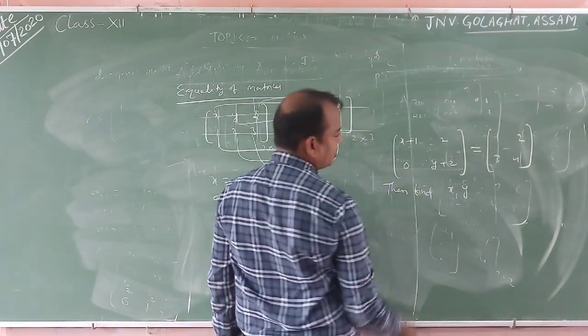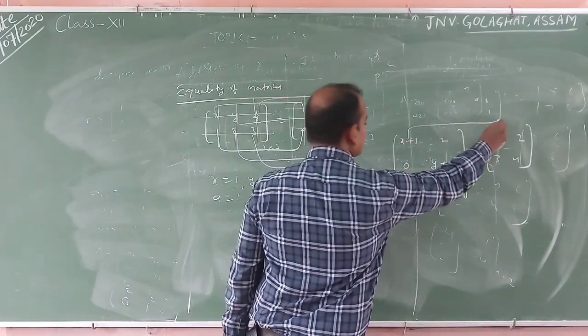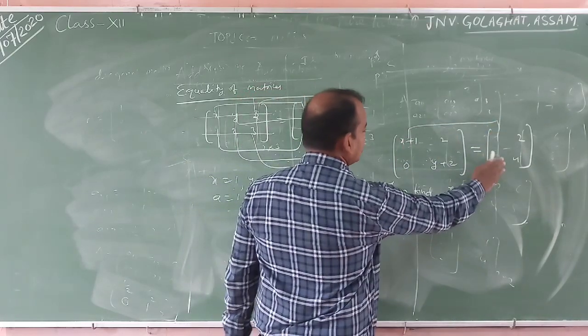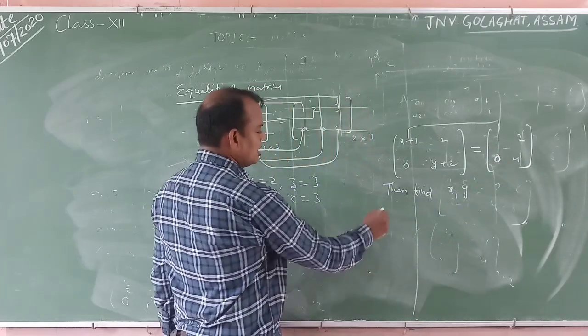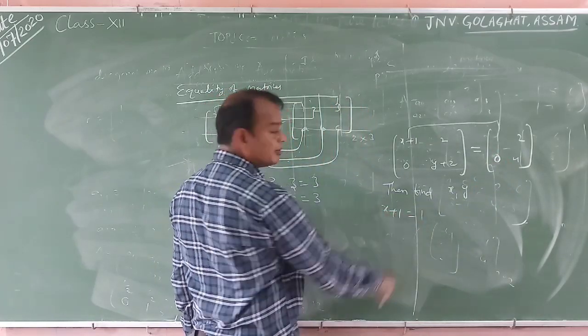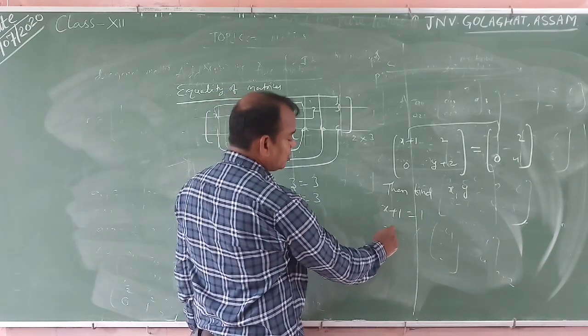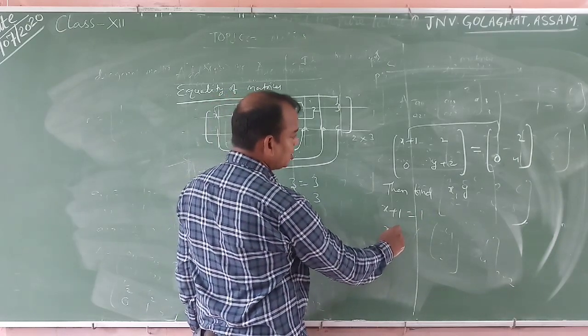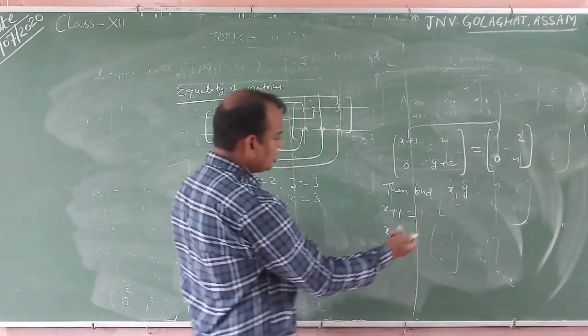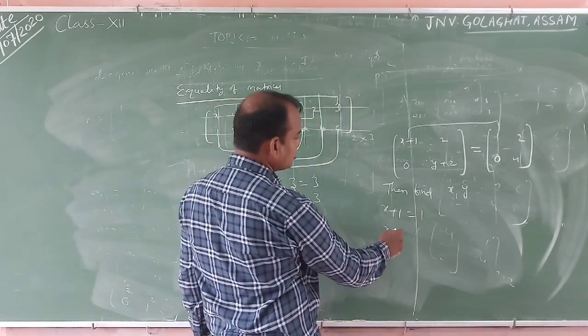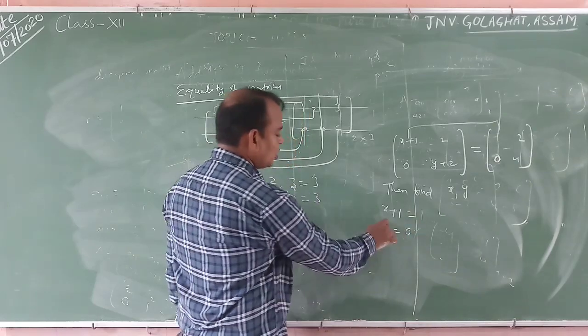The corresponding elements must be equal, means this one must be equal, this one must be equal. This one must be equal means x plus 1 is equal to 1. Now x plus 1 is equal to 1 means x is equal to 0.